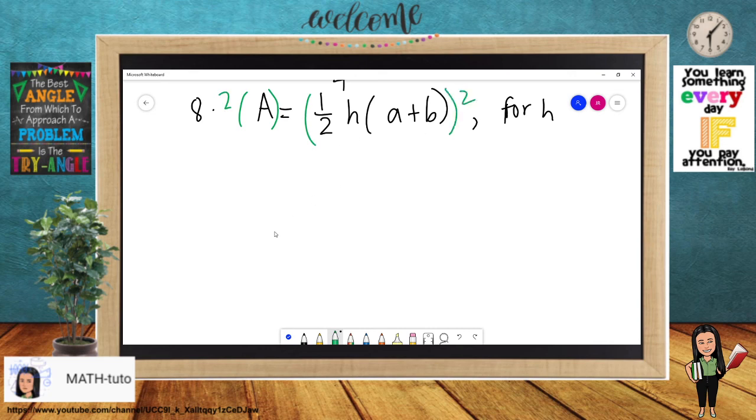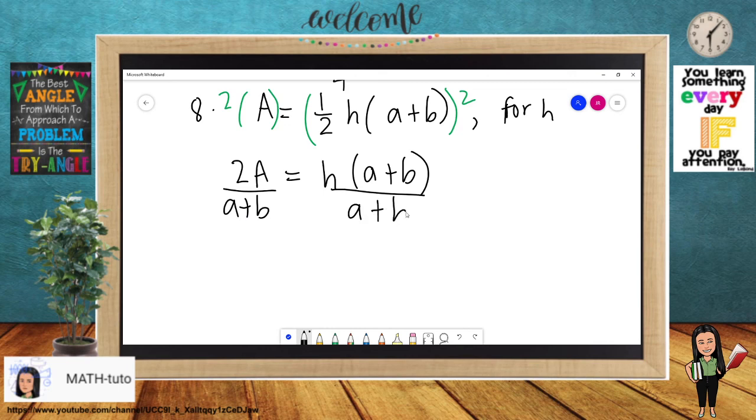So, we have 2A equal to H times quantity A plus B. We divide both sides by A plus B. We have 2 capital A all over A plus B equal to H, by the symmetric property.